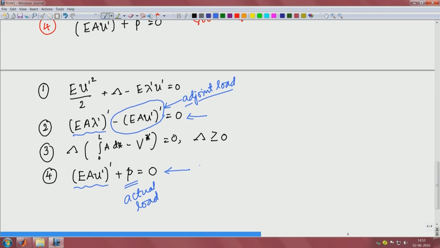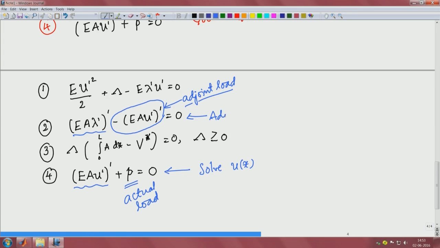This equation helps us solve u of x. If somebody gives us E, A and P, we can solve for u. Similarly, we call this the adjoint equation. If somebody gives us the adjoint load and E and A, we can solve for lambda. So, using this we can solve for lambda of x.